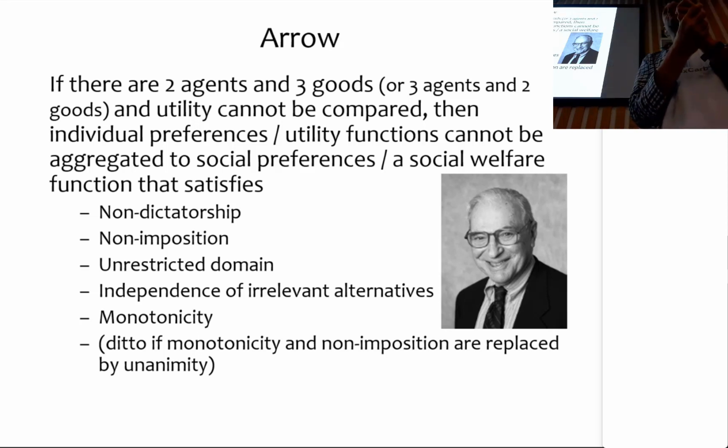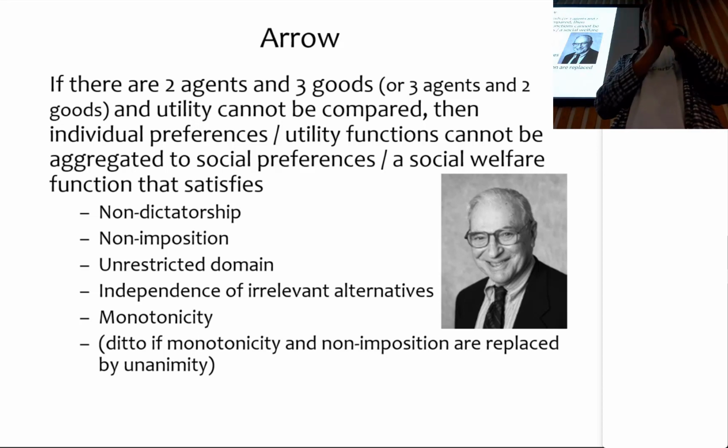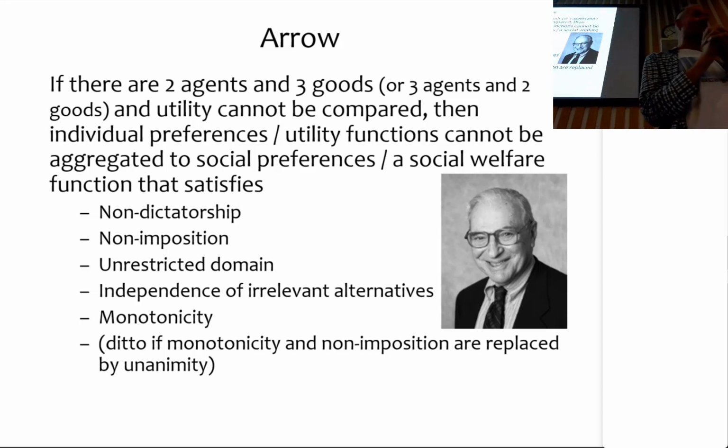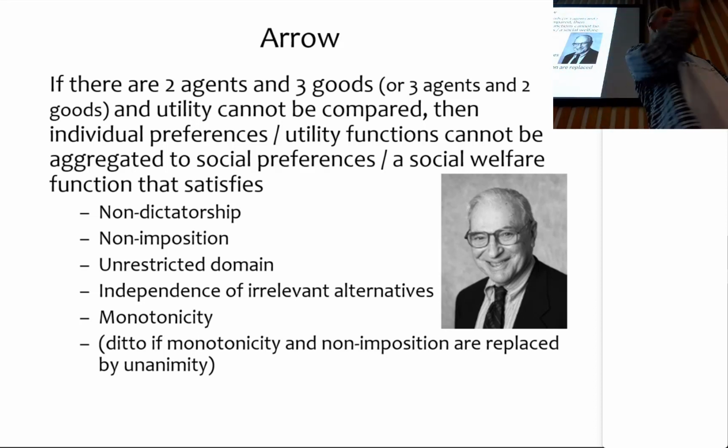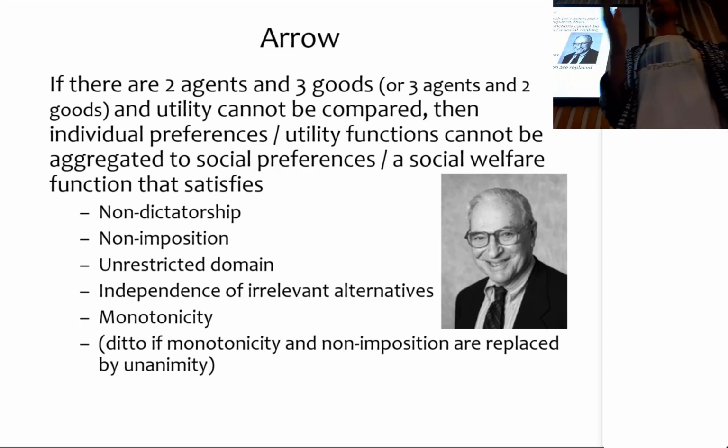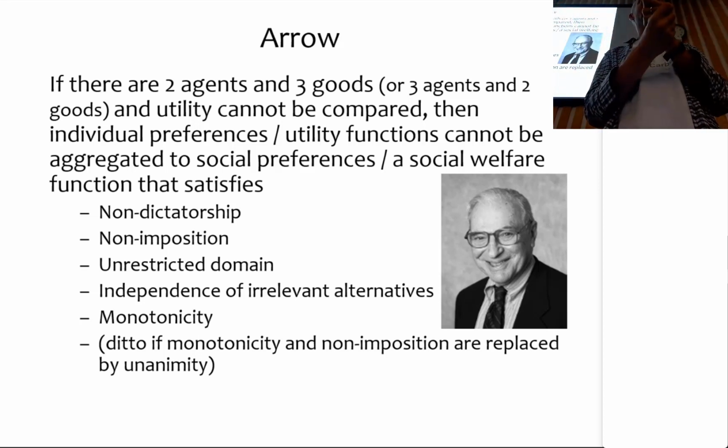Non-dictatorship, nobody can impose their will on others, which I think you agree is a good thing to have. Non-imposition, which means that if everybody hates a solution, then it cannot be the case that society loves it, right? Which I think is also a reasonable criterion. Unrestricted domain or universality, where you say, well, we can apply this to everything that might come our way.